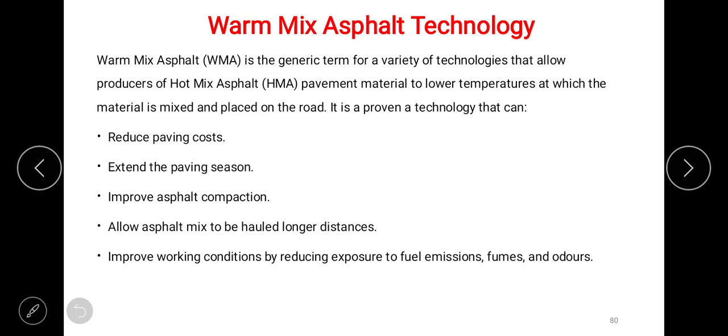Warm mix asphalt technology. Warm mix asphalt, WMA, is the generic term for a variety of technologies that allow producers of hot mix asphalt pavement material to lower the temperatures at which the material is mixed and placed on the road.